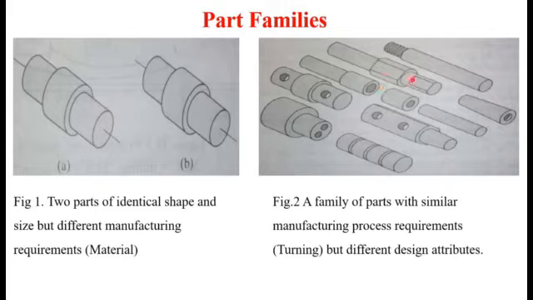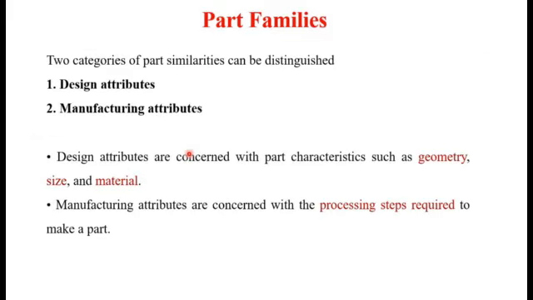So some design attributes are different here, but we can form a part family of these parts. By considering the design attributes and the manufacturing attributes, we can form these part families.